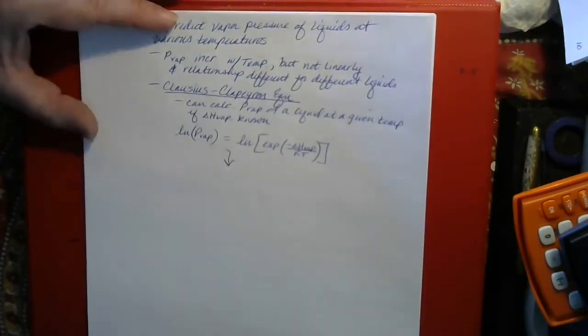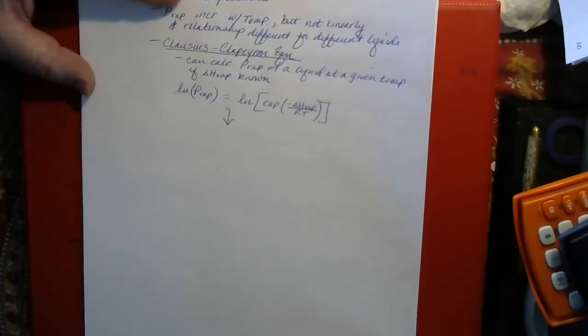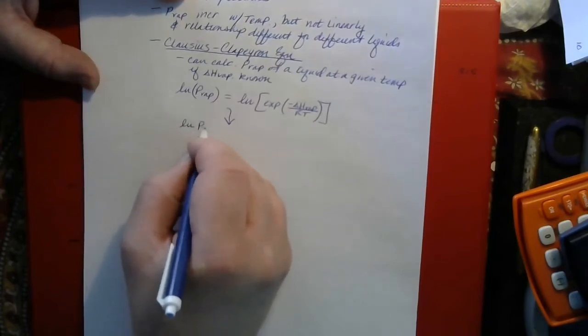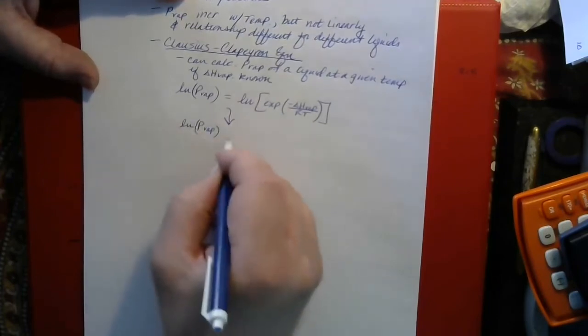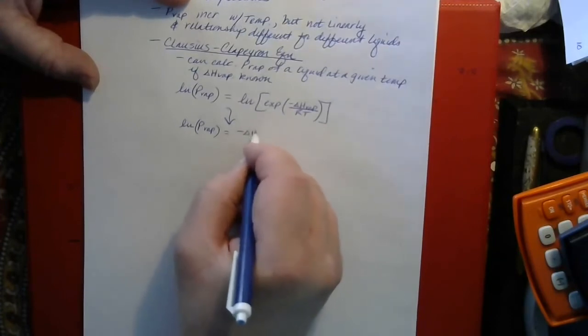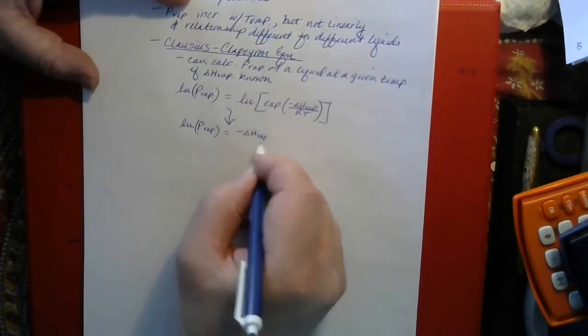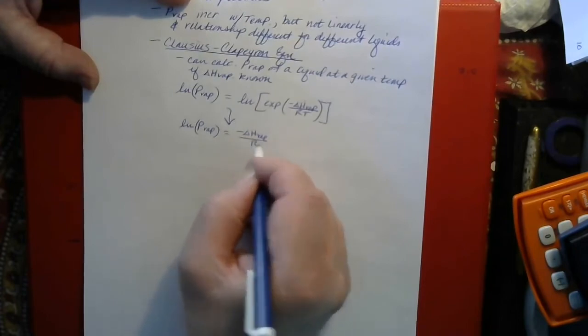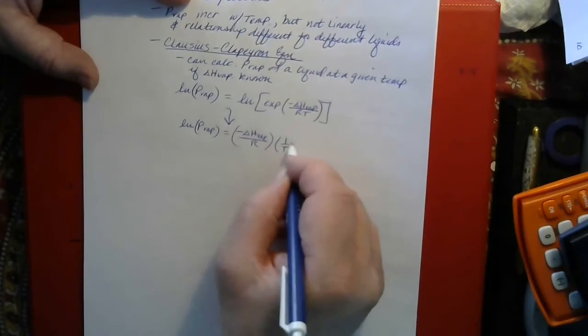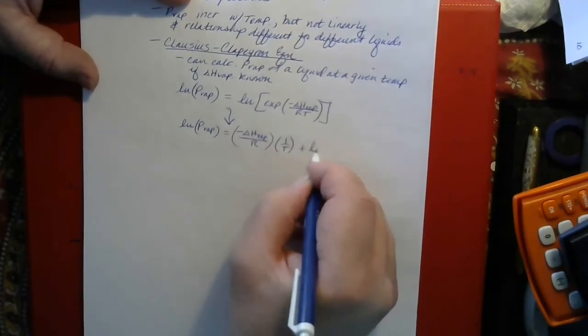And so you can actually rearrange that and come up with a different arrangement. And what we end up with is the natural log of the vapor pressure is equal to negative delta H vaporization over R times 1 over T plus natural log of beta.